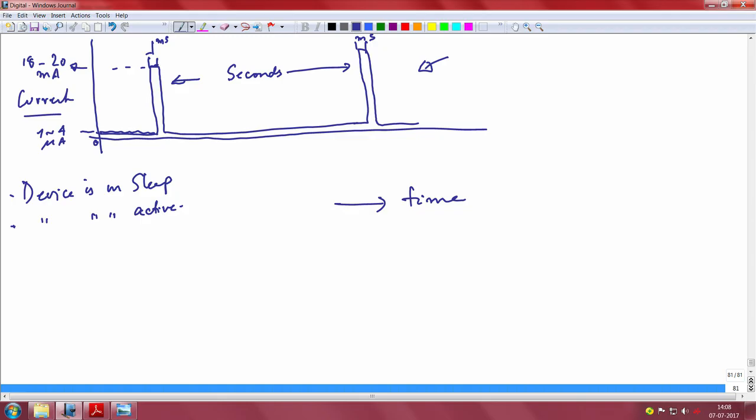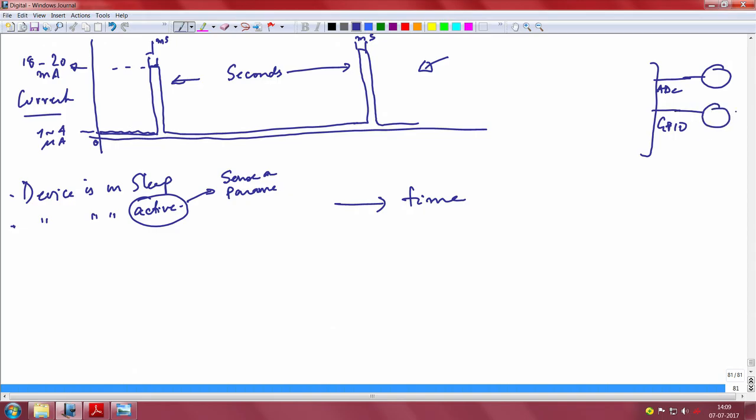What does it do when it is active? It could go sense a parameter. How does it sense a parameter? Either it can connect on GPIO or it can connect on its ADC. A sensor is connected depending on whether it is an analog sensor or a digital sensor.